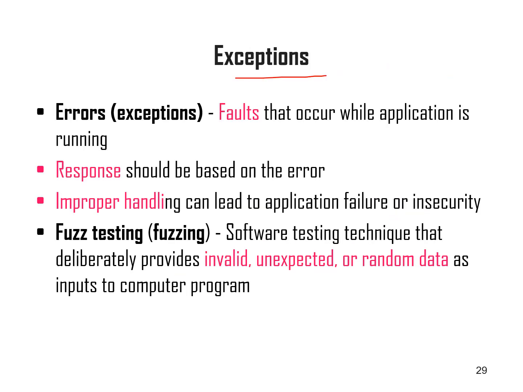Exceptions. In application security, exceptions are a very important thing. They are faults that occur while the application is running. So if any application is running and creating an error, that is actually called a fault or error. The response should be based on the particular error.